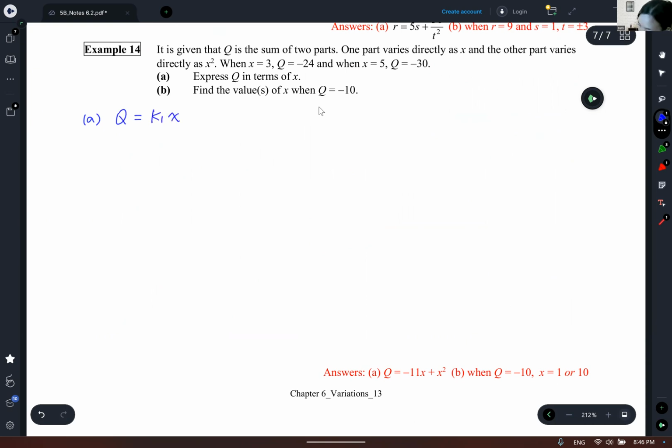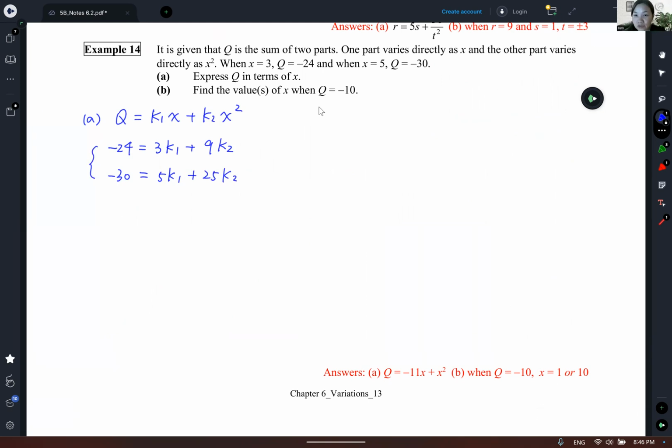One part varies directly as x, the other part varies directly as x squared. That's good. So negative 24 equal 3k1 plus 9k2. The other one is negative 30 equal 5k1 plus 25k2.